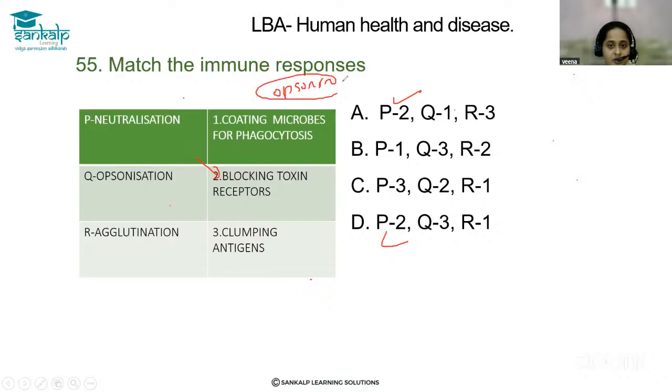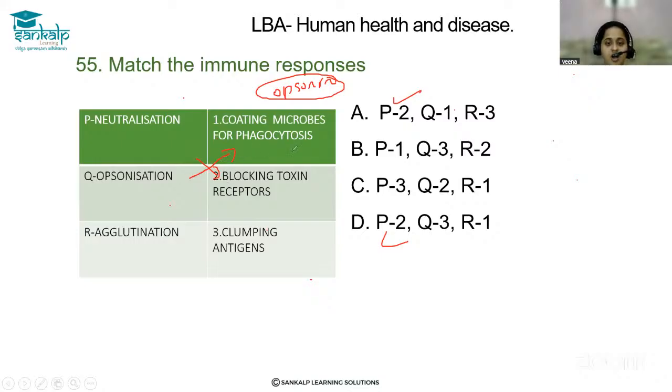With the help of this, the dead organism or the pathogen is covered, so that it becomes very easy to identify for phagocytosis. So that is the opsonization mechanism. Coating microbes for phagocytosis is the correct answer.